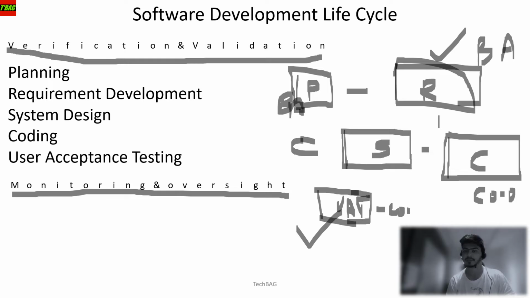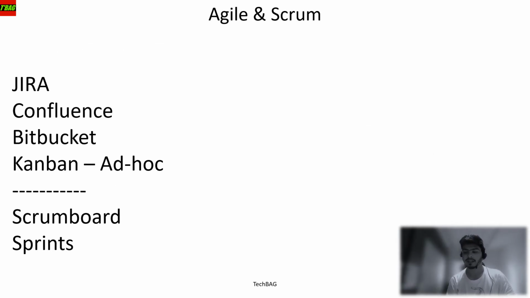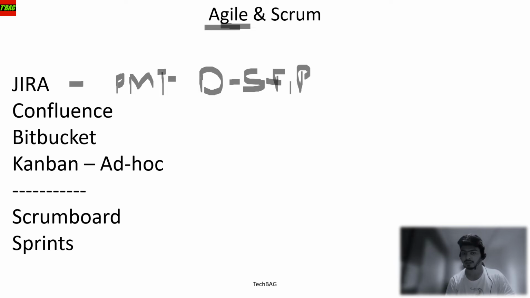Coming to the next topic, what are Agile and Scrum? Agile is a methodology used in the current corporate world, where Jira is one of the tools used to maintain projects. It's a project management tool which helps the development team stay focused and work along the project.